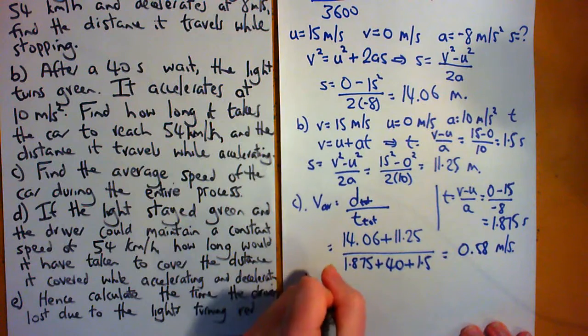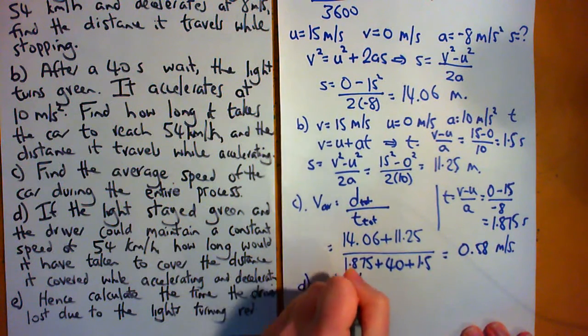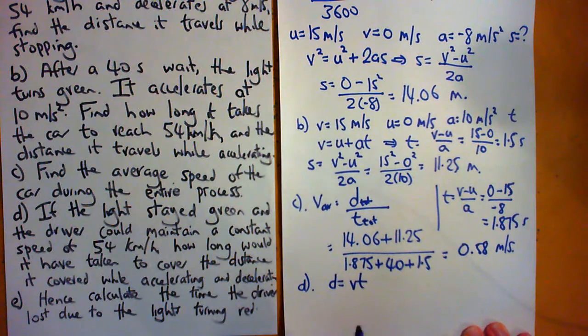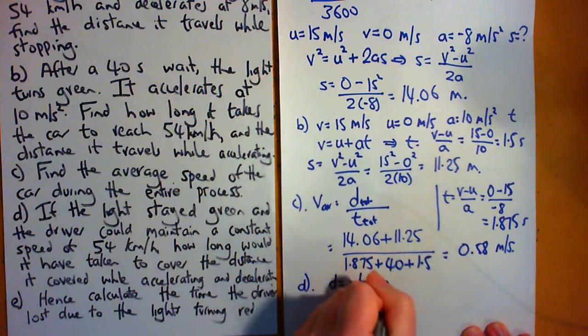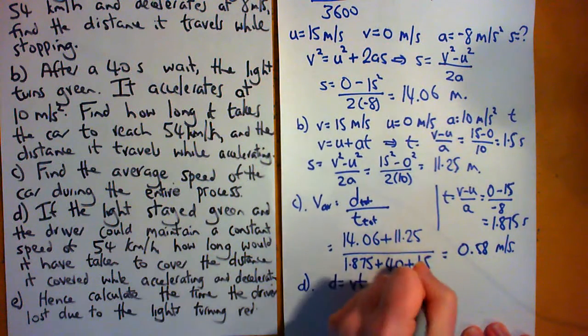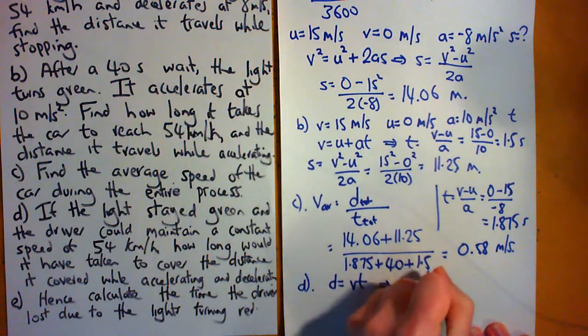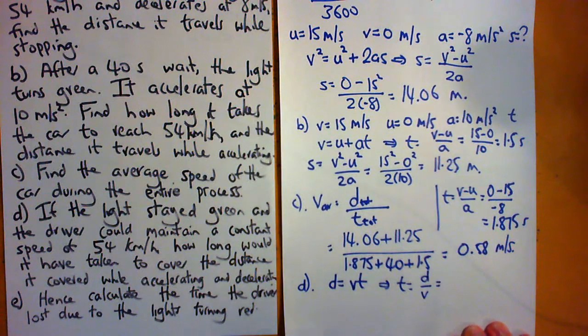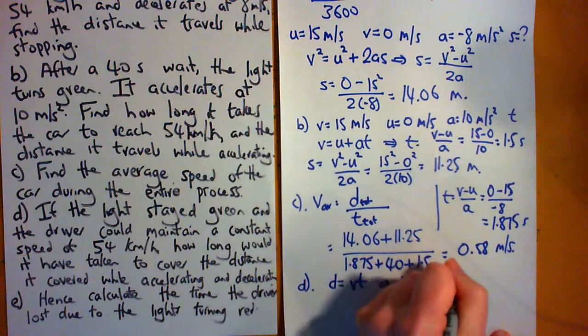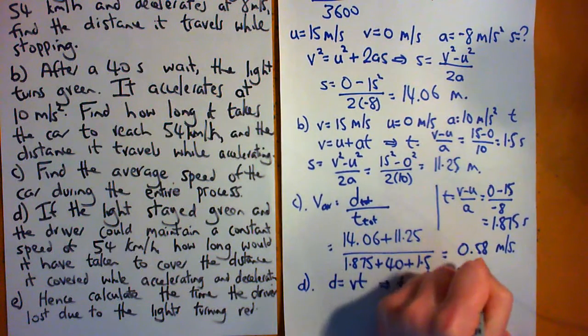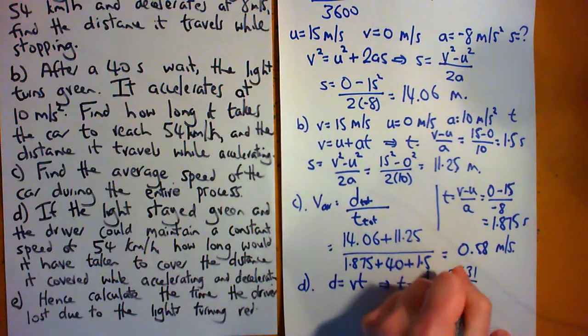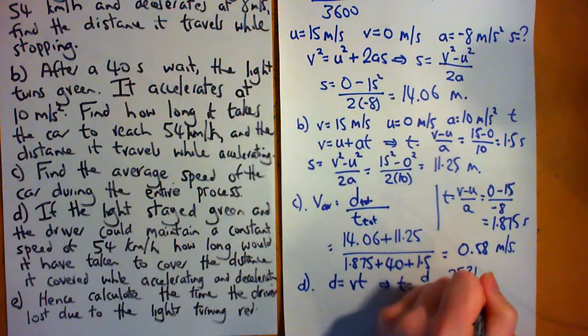So constant speed means d equals vt, and we are trying to find the time here. So that means time equals the distance divided by the speed. So the distance will be that total distance covered, which is 14.06 plus 11.25, which is 25.31, divided by the speed, which is 15.